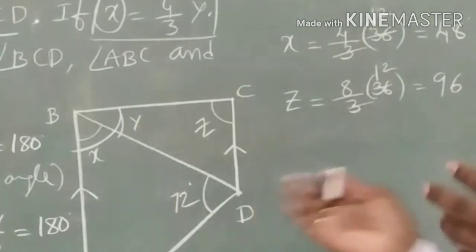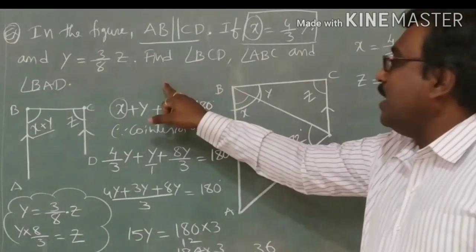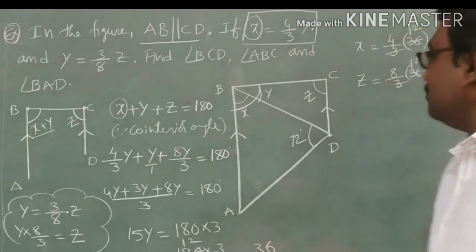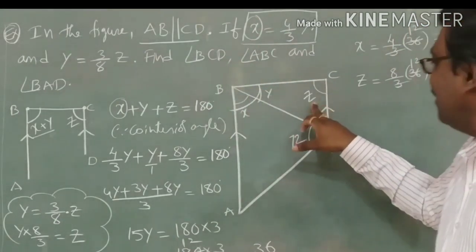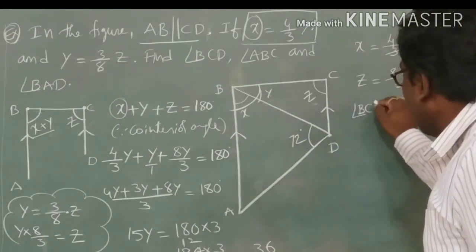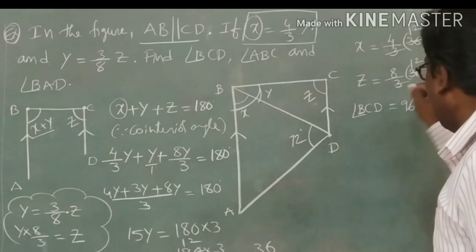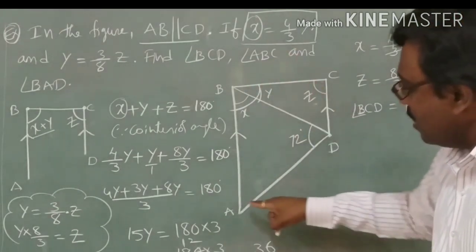But he did not ask for the value of x, y, z. What he is asked, we will find. Find angle BCD. BCD. Of course, z. Z is how much? 96. You need to write angle BCD is equal to 96. Second one, ABC.